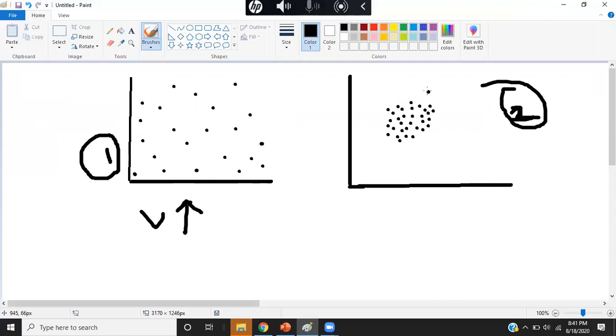But in this case all the data points are very close to each other, so variance will be low. So variance is a measure of how far the data is from each other. If its value is greater, then data points are very far from each other. If its value is lesser, data points are very close to each other.